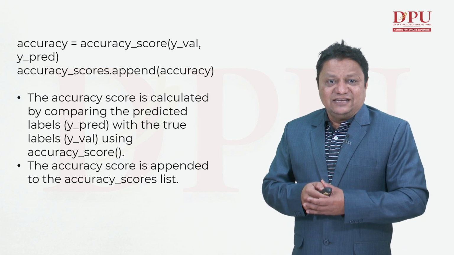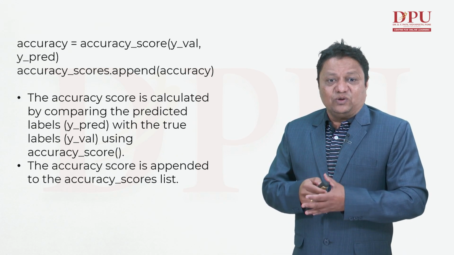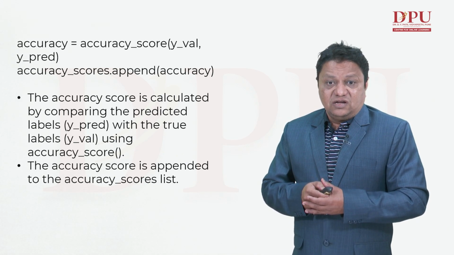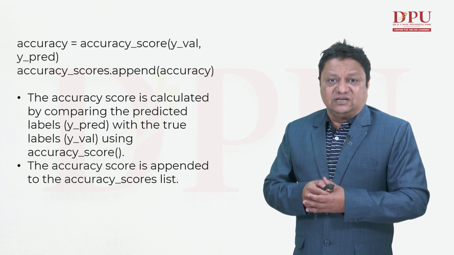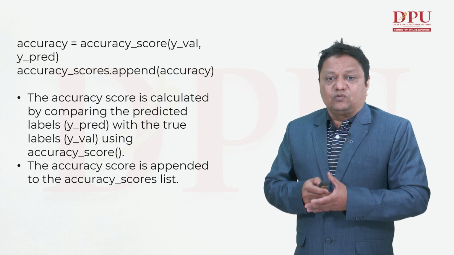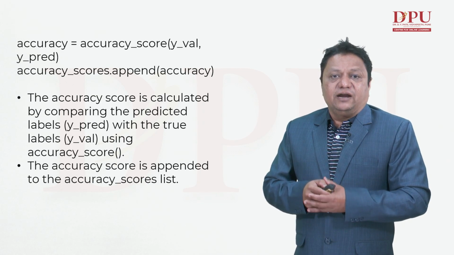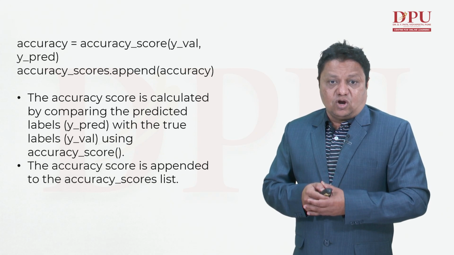The next line is accuracy is equal to accuracy_score, in the bracket I have given two parameters, that is y_val comma y_pred, then accuracy_scores.append(accuracy).